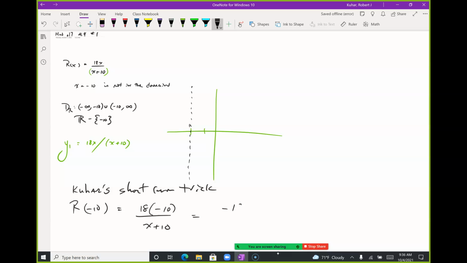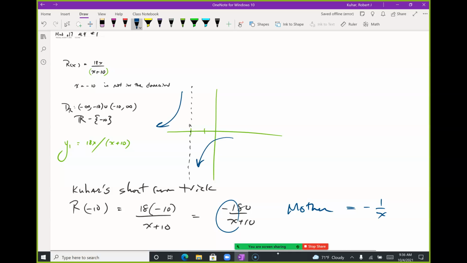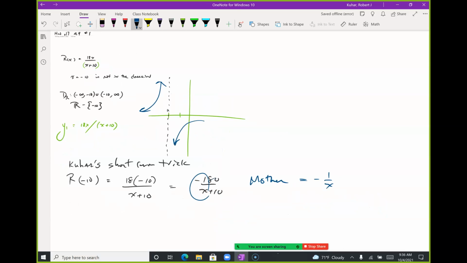So the mother function is really looking like a negative 1 over x. At the short-run behavior, I'm going to see 1 over x, but switched. So 1 over x looks like this, and because it's negative, I switch the two. That's a quick way for me to get a nice picture of this graph.